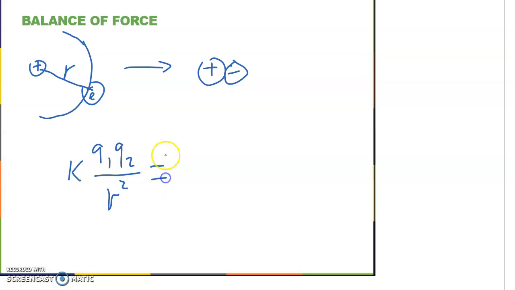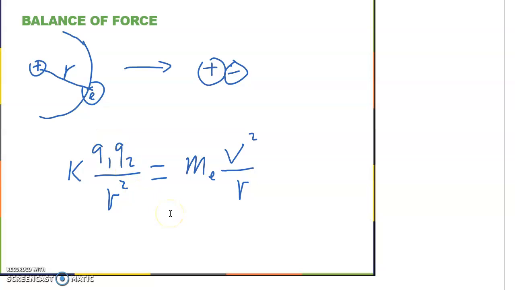That will be equal to, when the electron is circulating the nucleus, a centripetal force, which is equal to m, the mass of the electron, times v, velocity of the electron, v squared divided by r. So this one is called the centripetal acceleration.